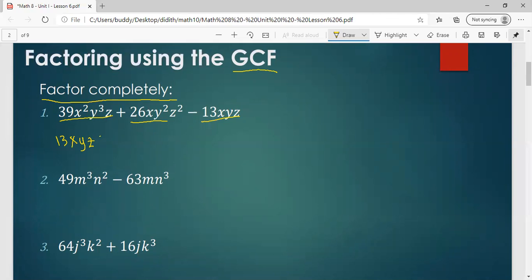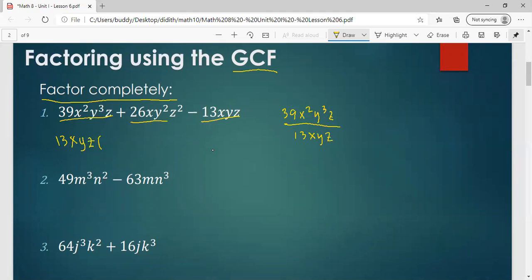Now, to obtain the second factor, what we will do is divide each of these terms by the GCF. So we'll get the second factor. We are dividing the first term, 39x squared y cubed z, by the GCF 13xyz.